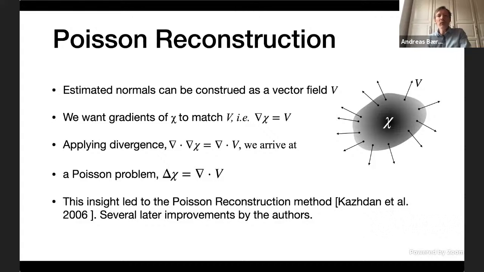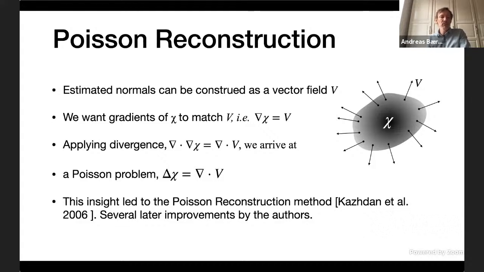Now, how do we find a chi whose gradient field matches the vector field? Well, all we have to do really is to apply the divergence. So if we do that on both sides, then we get the Laplacian of chi should match the divergence of the vector field, which is a scalar field. So we immediately see that it's been reduced to a Poisson problem.